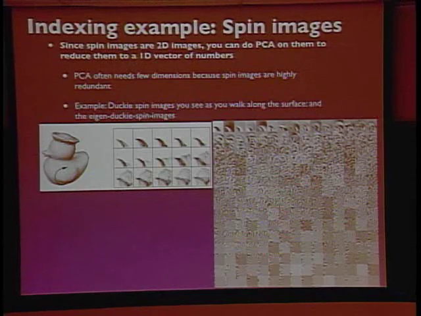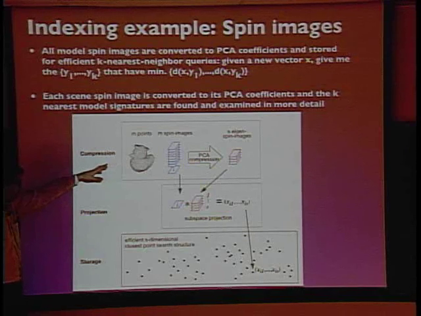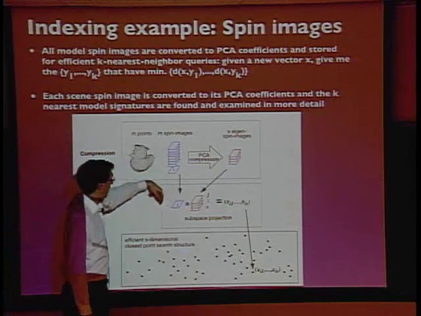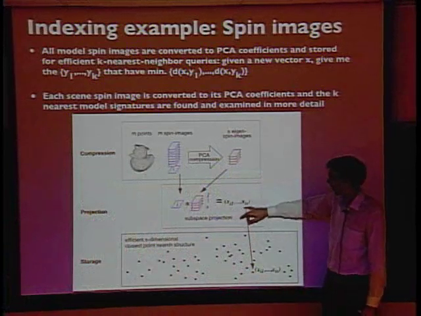So the result is that you're reducing your two-dimensional spin image to a one-dimensional vector of numbers, where that vector is small and only captures the first several principal components of the spin images. After this compression, you basically represent each spin image in terms of a short vector of numbers.